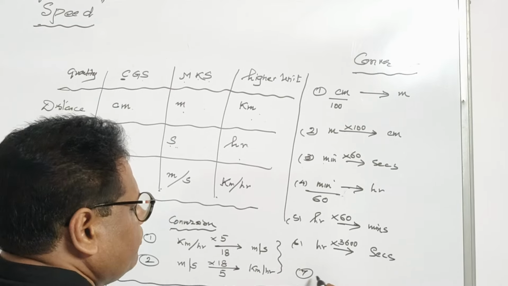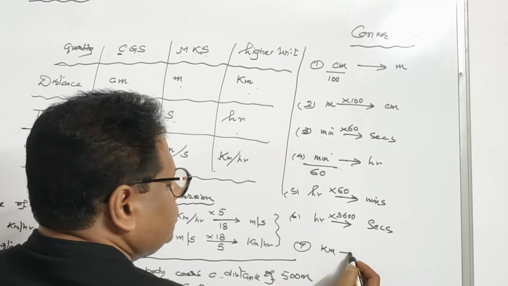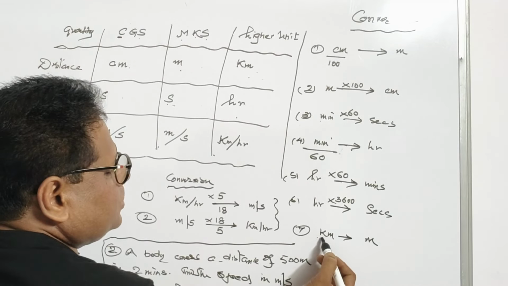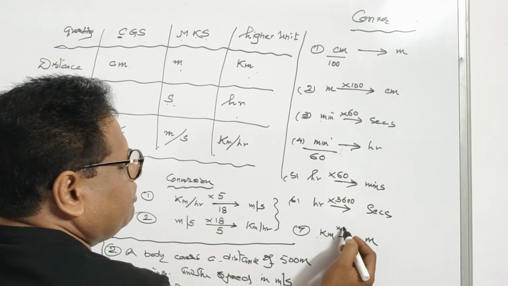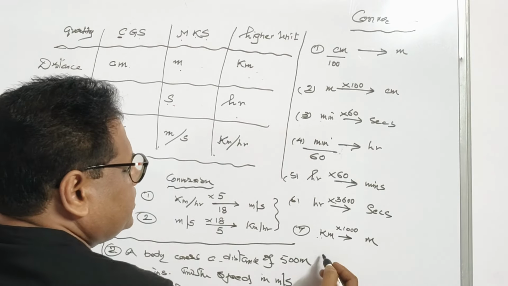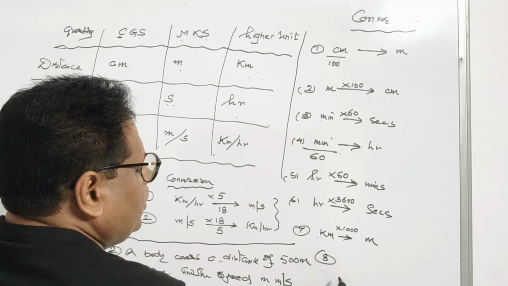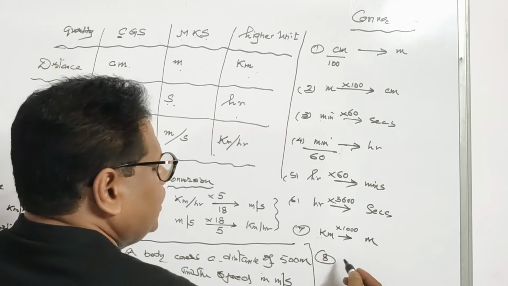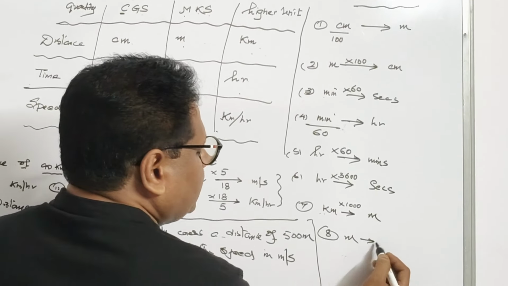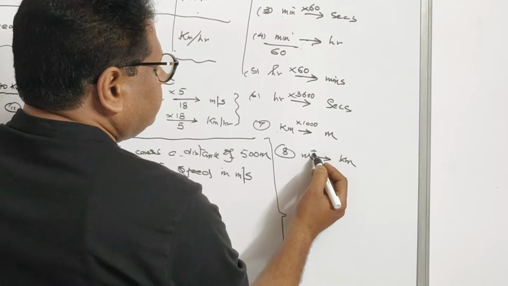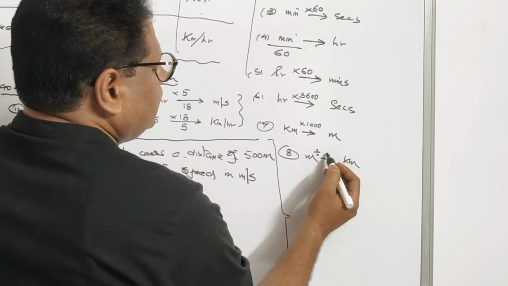Similarly, if you want to convert kilometers to meters, K means 1000, so simply multiply by 1000, and you will convert that into meters. Similarly, if you want to convert meters to kilometers, divide by 1000.